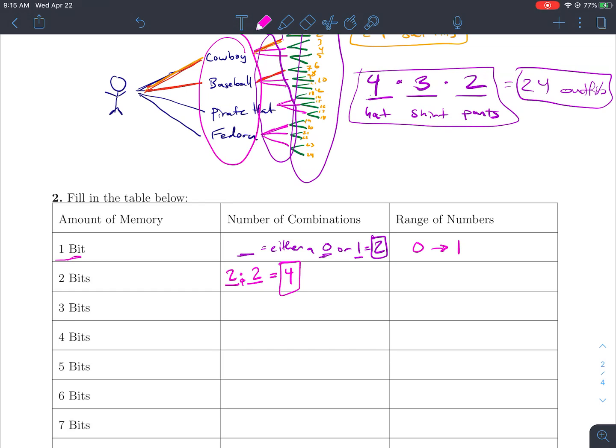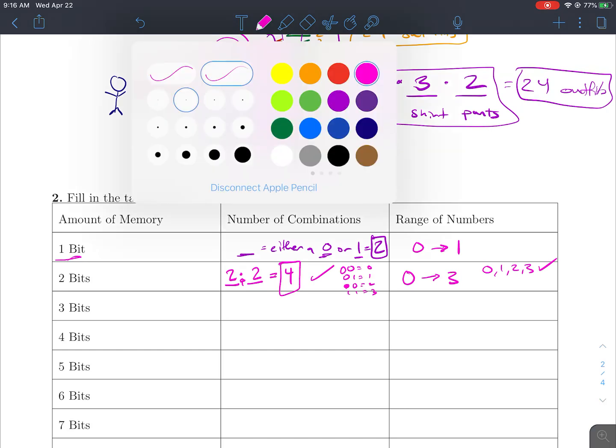So the range of numbers we can represent here would be 0 to 3, because 0, 1, 2, 3, that's 4 numbers. That's all of our combinations. And we did this yesterday, actually. You remember we said 0, 0 is 0, 0, 1 is 1, 1, 0 is 2, 1, 1 is 3. And that was all of our combinations.